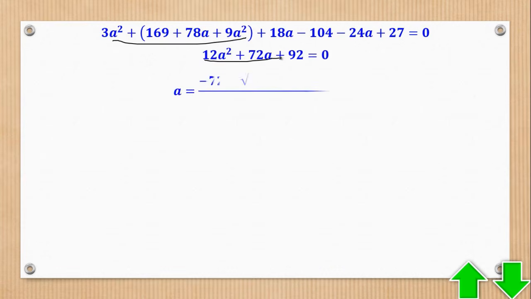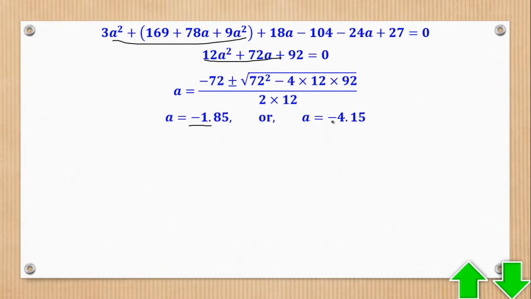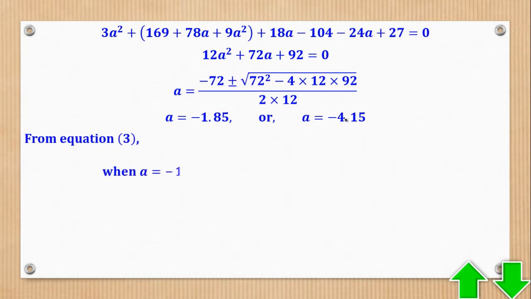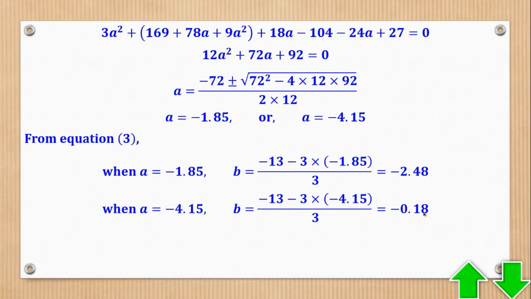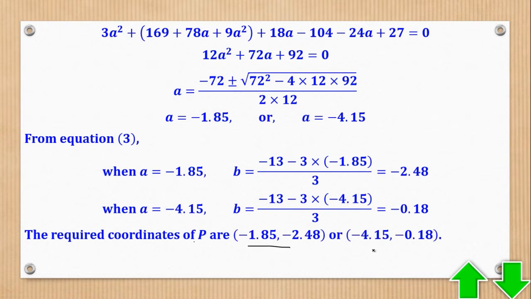Reduce, will come up with that. Therefore, using the bulldozer method, the value of A can be this or that to 2 decimal places. Now from equation 3, when A is that, B will be that, and when A is that, B will be that. Therefore, the required coordinates of P are this and that.